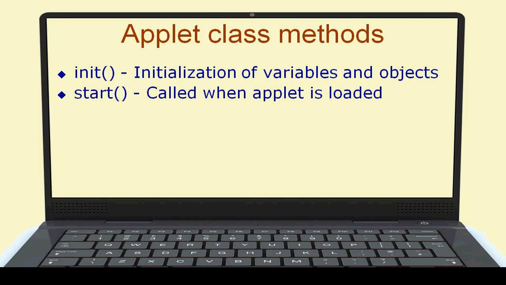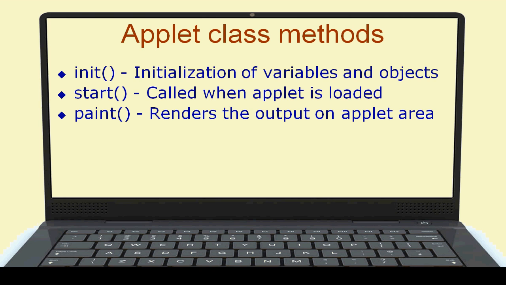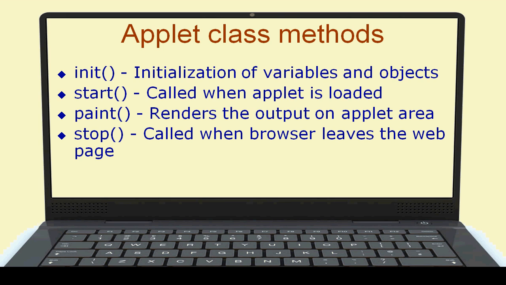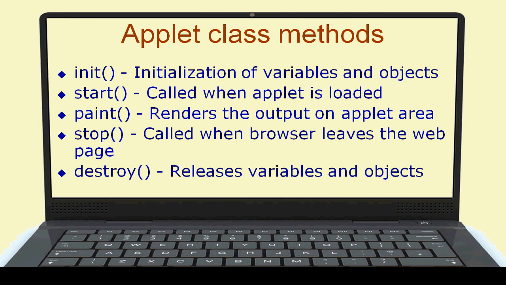Start function is called as soon as the applet is loaded. The most important paint function is used to render the output on the applet area. Stop is called whenever the browser leaves this web page, and this stop function calls destroy, which releases the variables and objects that have been initialized.